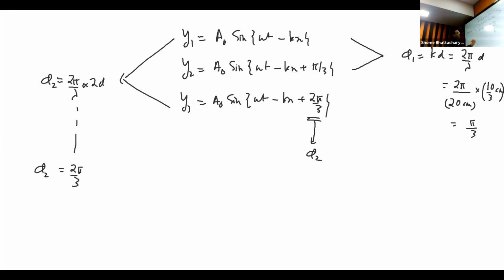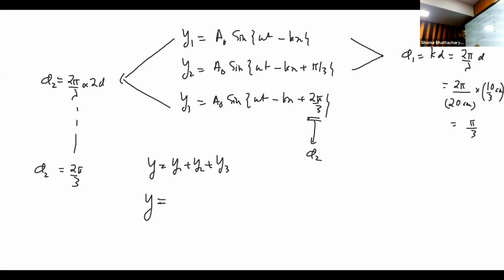Now when I'm calculating this, I don't need to do this trigonometrically, though actually I can do it trigonometrically also by expanding. I'll show you that method also, but generally the go-to method for these kinds of calculations is that you just calculate the net amplitude using a phasor diagram.